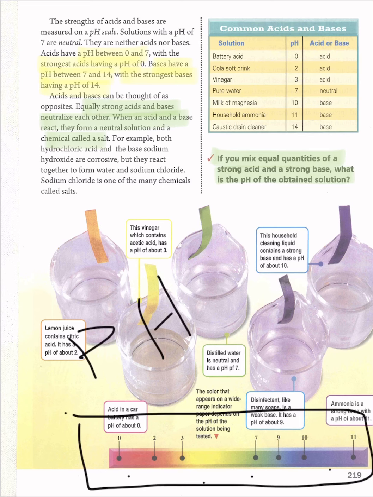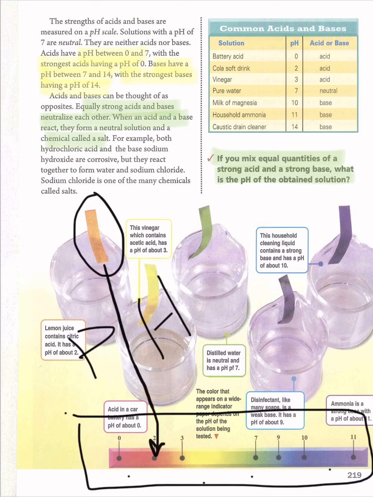For example, here we have lemon juice. When you put litmus paper on lemon juice, the color will be like orange. The orange color starts from the number 2 here.